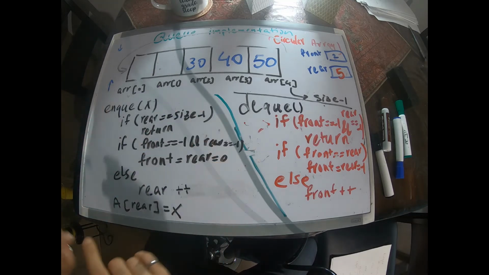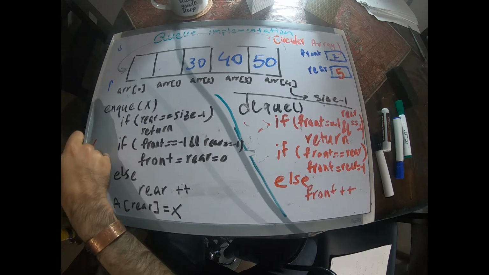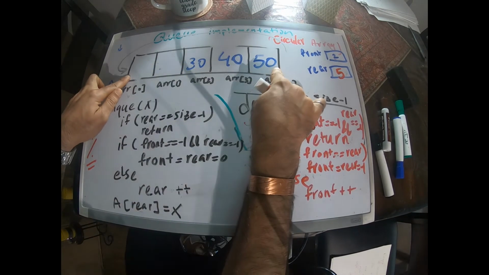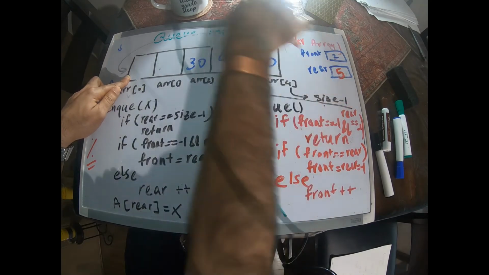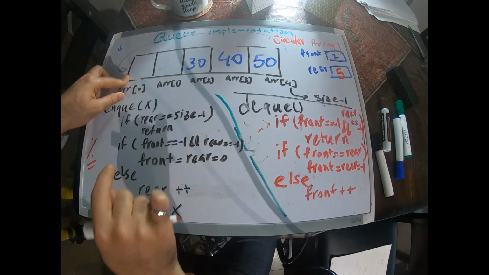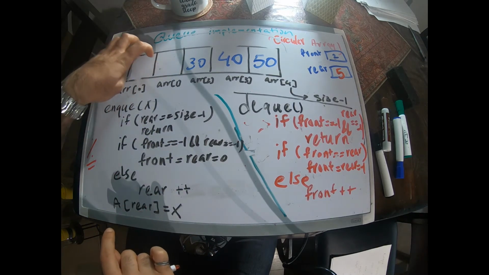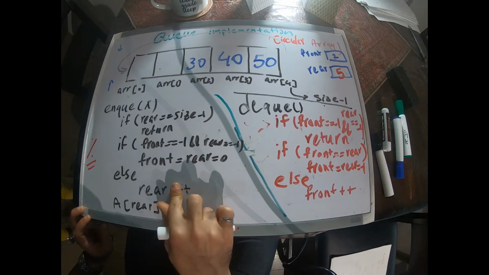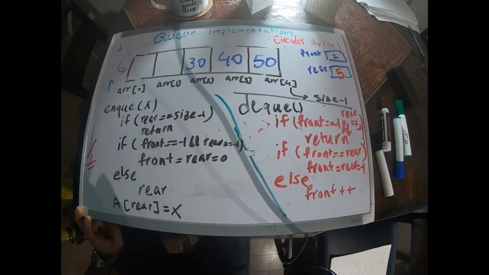If you remember the remainder operation: whenever you exhaust the array and want to insert one more, it's as if you're dividing that number by 5 and taking the remainder. So the only thing we have to do is take advantage of the remainder operation.